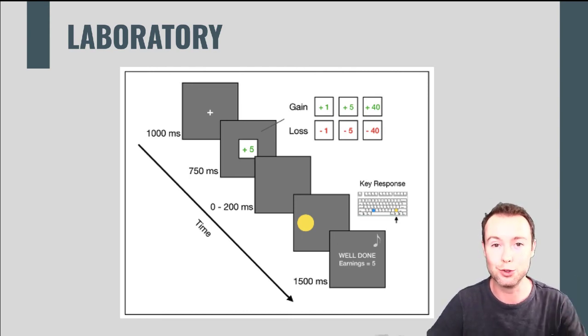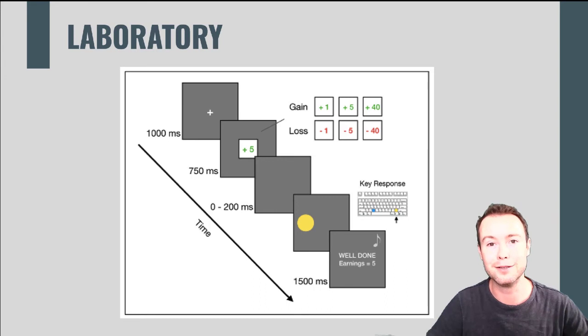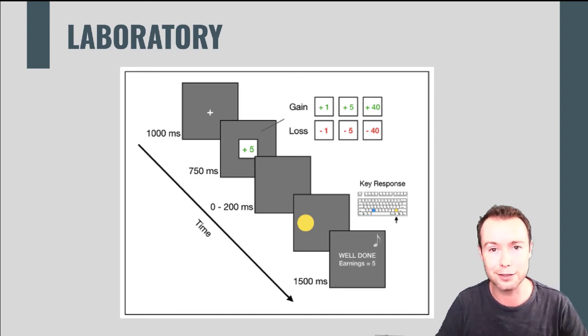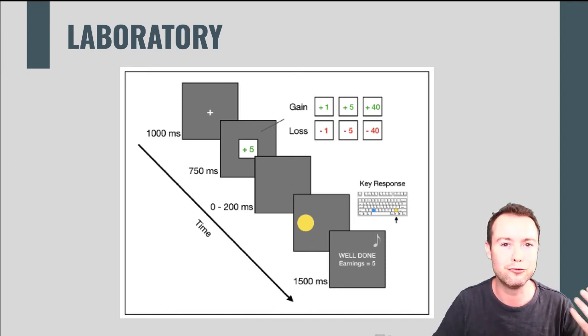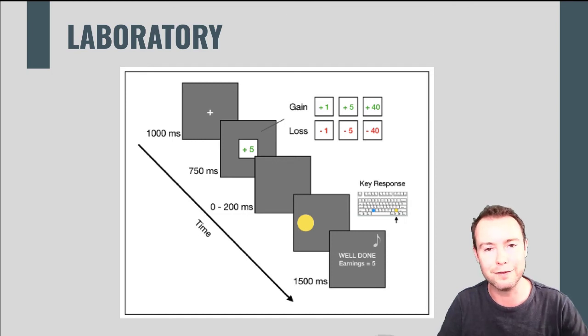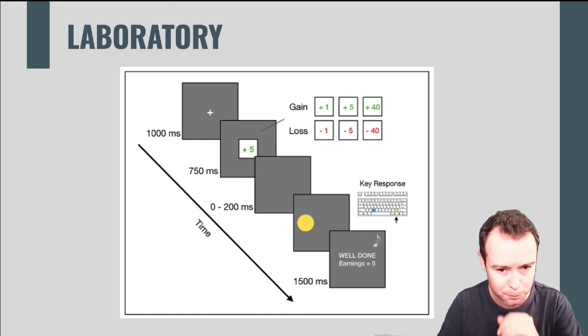If somebody is too quick, that would be a red herring. So if they respond faster than 200 milliseconds, it is likely that they're guessing on these trials rather than reacting to them, because we know that the threshold of people making responses is around about 150 milliseconds.